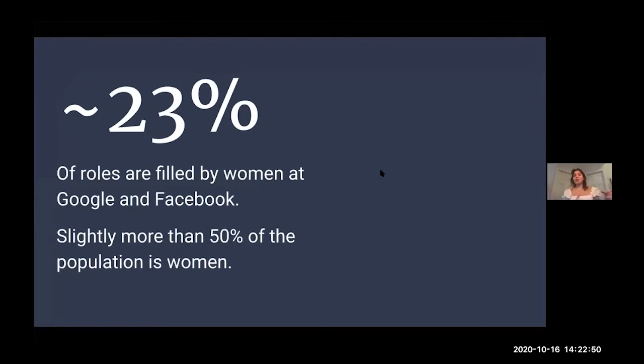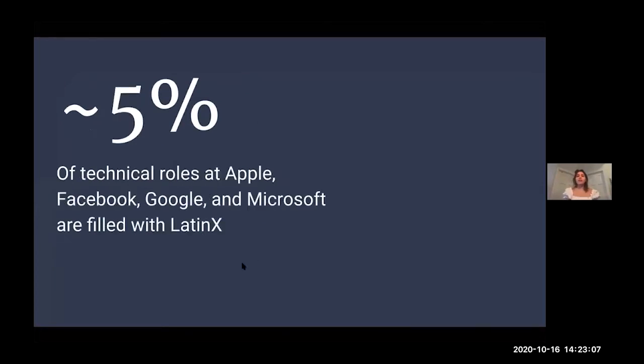This is not technical roles. This is overall roles. So 23% of overall roles are filled by women. And a lot of those roles are not technical roles. The number just gets smaller and smaller and smaller the more you go into technical roles and the more you get into those that are actually building out products. And approximately 5% of technical roles are filled with Latinx.